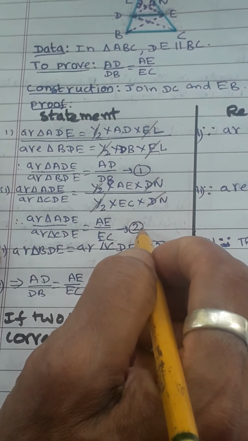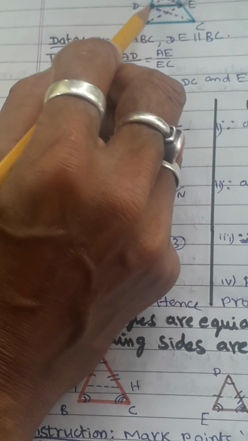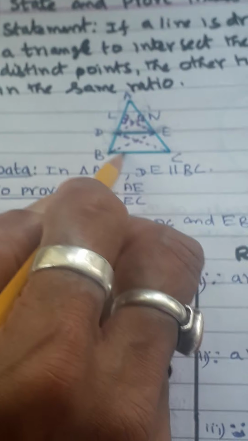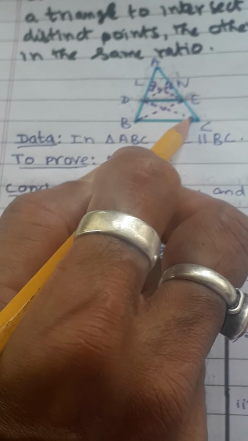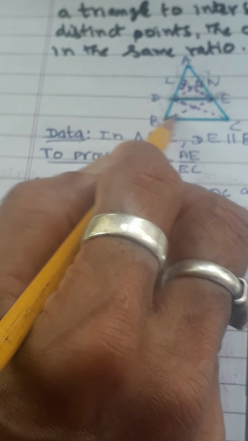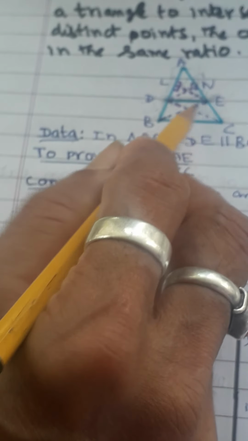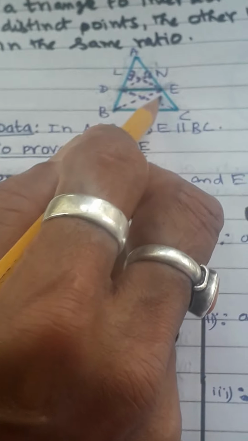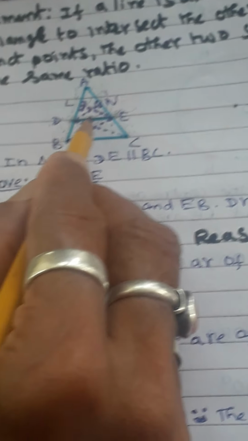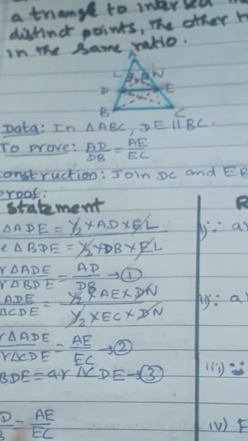Now we already know that when two triangles lie on the same base and between parallel lines, both triangles' areas are equal. So this triangle's area and this triangle's area will be equal, because you have already studied this in 9th standard. So that is what I have written. Area of triangle BDE is equal to the area of the other triangle BCE also.